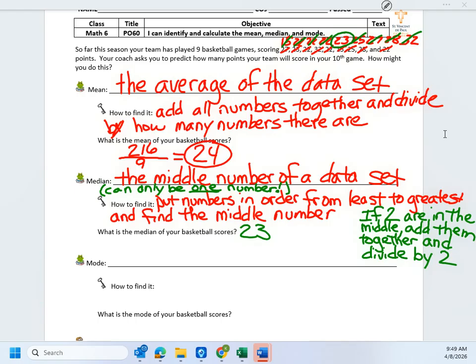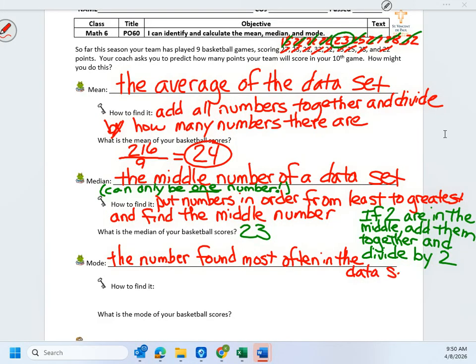Our last one is the mode. Remind me what the mode means again, Jack? Is this one like the number that comes in most? The number found most often in the data set.